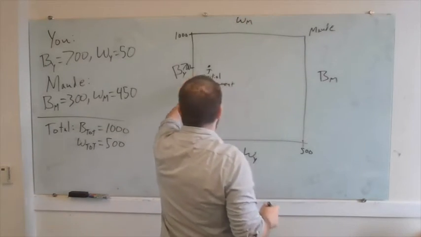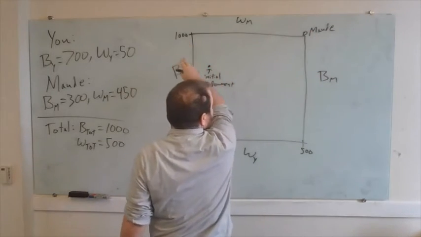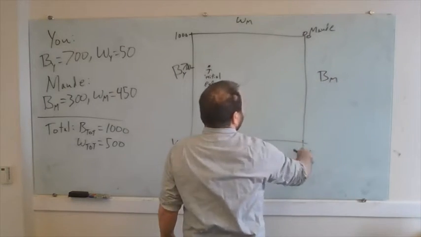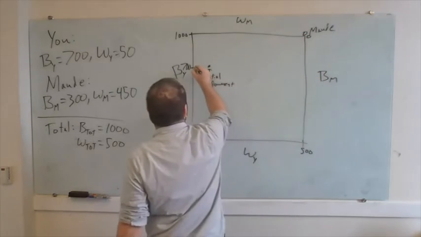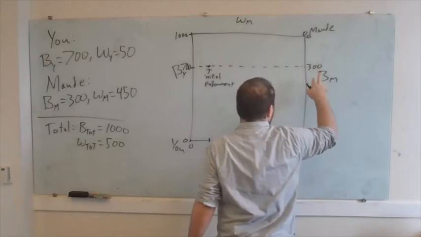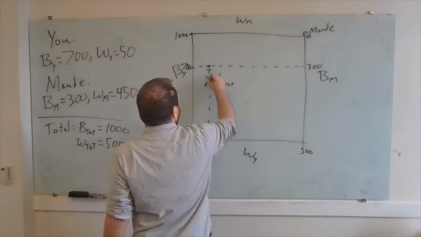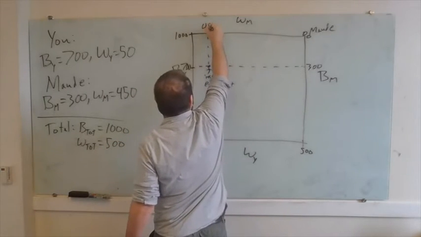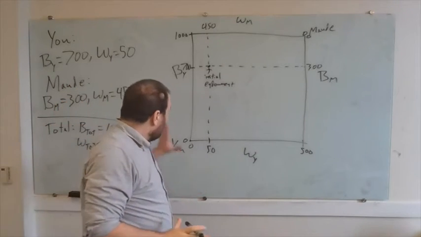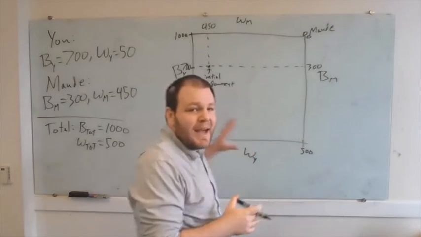I can say that if you had 1,000 cans of beefaroni, Maud would have none. If you had 500 gallons of water, Maud would have none. If you had 700 cans of beefaroni, Maud would have 300. If you had 50 gallons of water, Maud must have 450 gallons. So what we're doing is showing graphically whatever you've got, Maud doesn't got, and vice versa. Whatever Maud's got, you don't have.